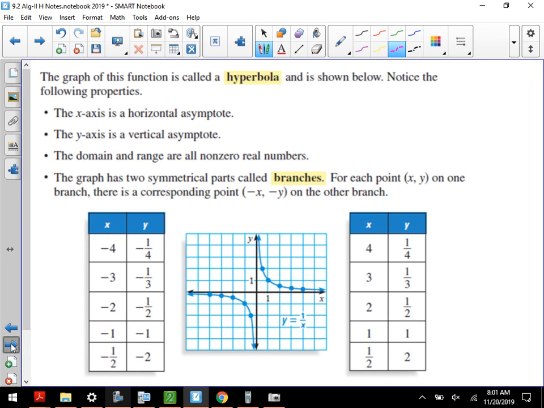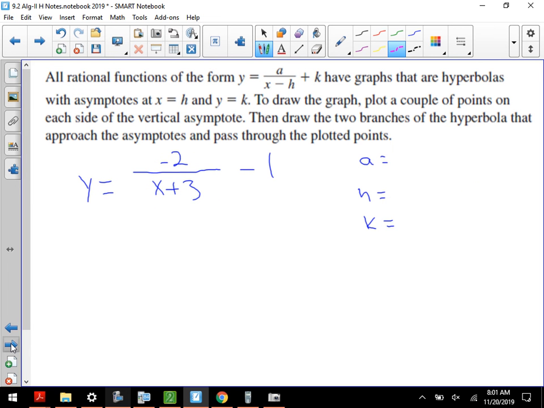So here's what happens. We get this thing called a rational function that's in this generic form of y equals a over x minus h, plus k. Hey, look at that. A, h, and k. Where have we seen that before? It's been everywhere. A, h, and k are always going to be around.